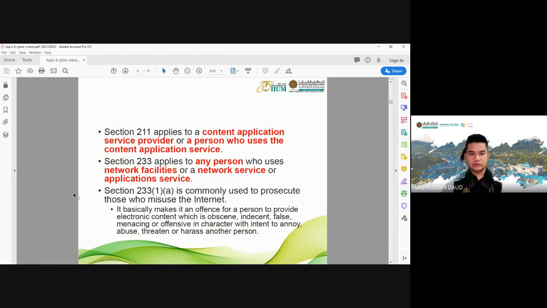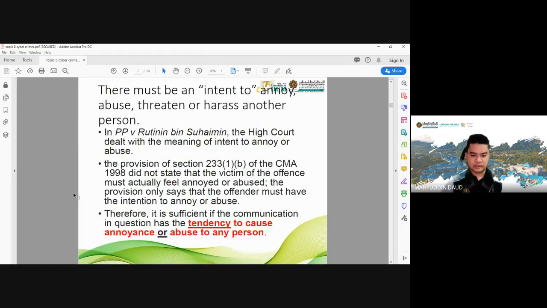No. The cases have interpreted that it is sufficient for the prosecutor to prove that the comment or the communication in question has the tendency to cause annoyance or abuse to any person.